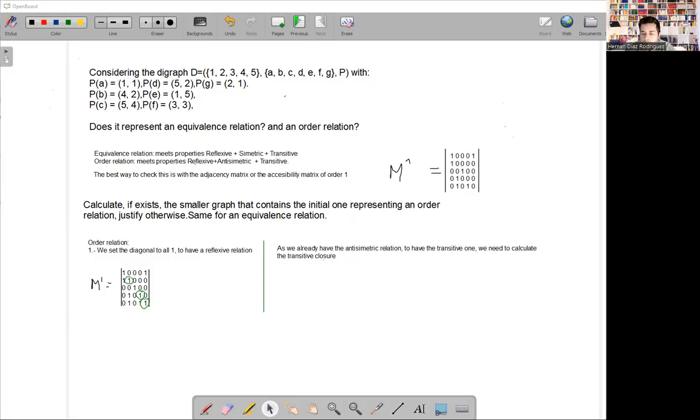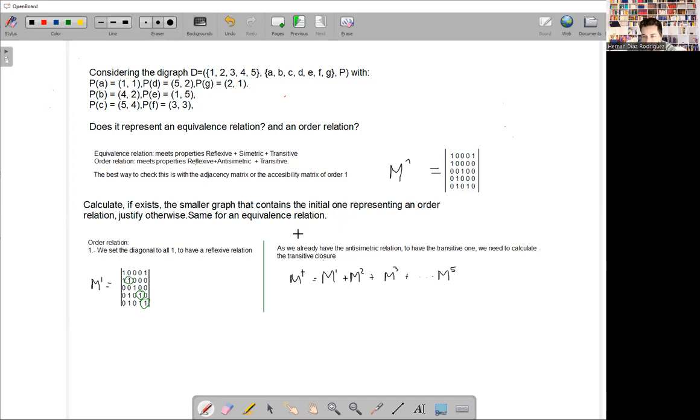Well, the transitive closure is defined as the first matrix added to the matrix of second order added to the matrix of third order, and like this, right, until we reach the matrix of fifth order.